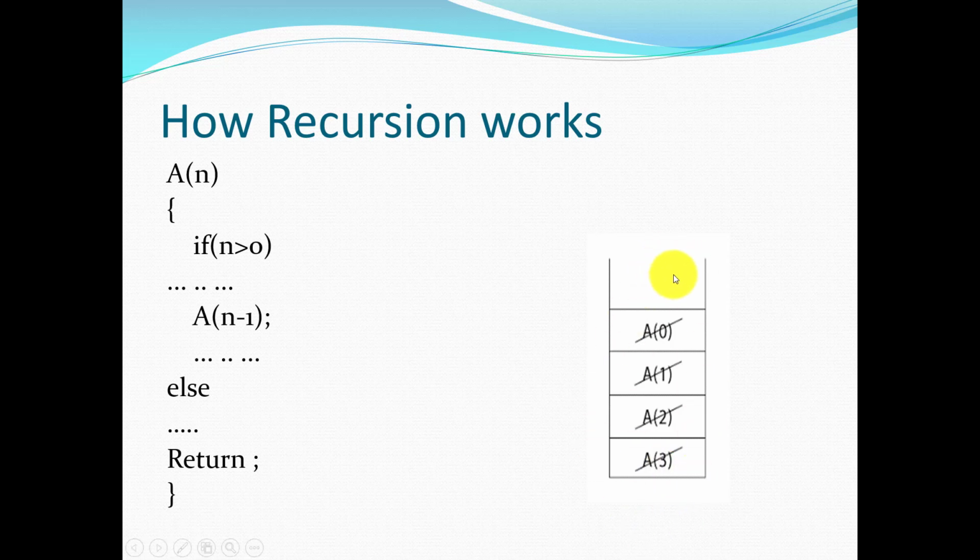This is called an activation record. The question arises, how many recursive calls were made? We can see here that 4 recursive calls were made.